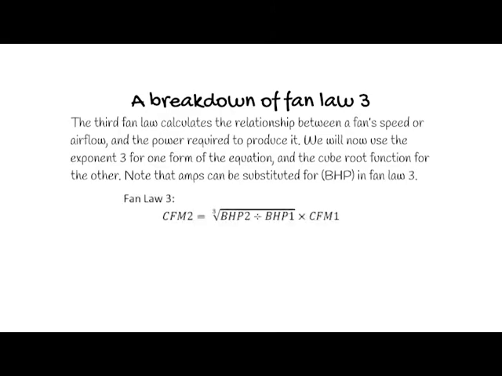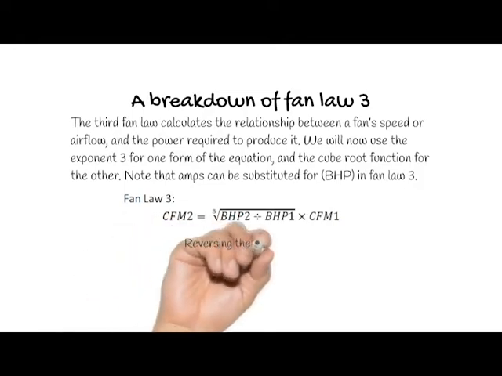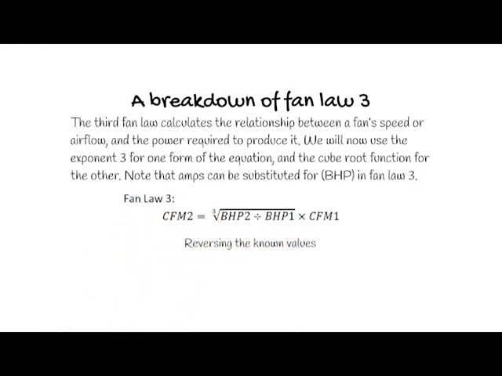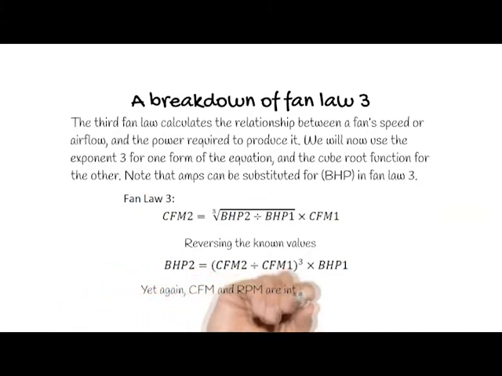Fan law 3 states CFM2 equals the cube root of brake horsepower 2 divided by brake horsepower 1 multiplied by CFM1. If we reverse the known values, brake horsepower 2 equals CFM2 divided by CFM1 cubed multiplied by brake horsepower 1. Yet again, CFM and RPM are interchangeable.